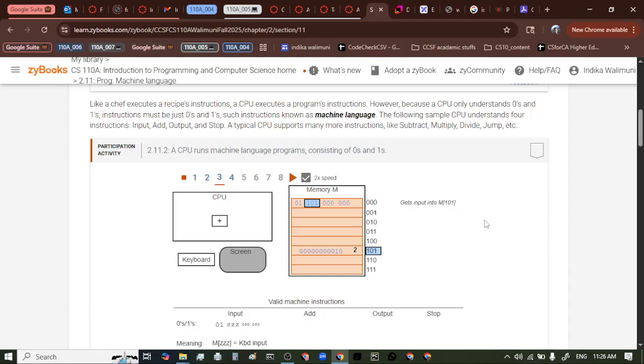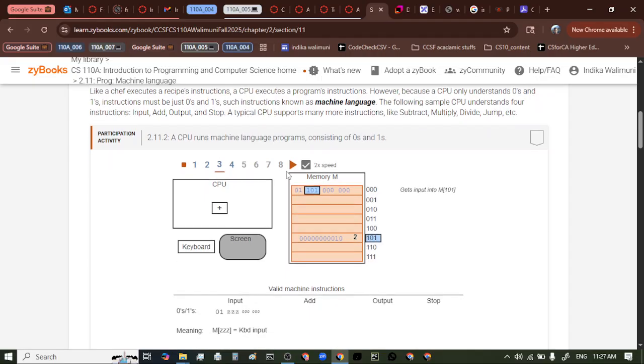This is the memory cell, so it can store the value we enter, right? So it is 2. So we are inputting C2, that's the input. We are storing it there, and then the next one we are storing in M1110.